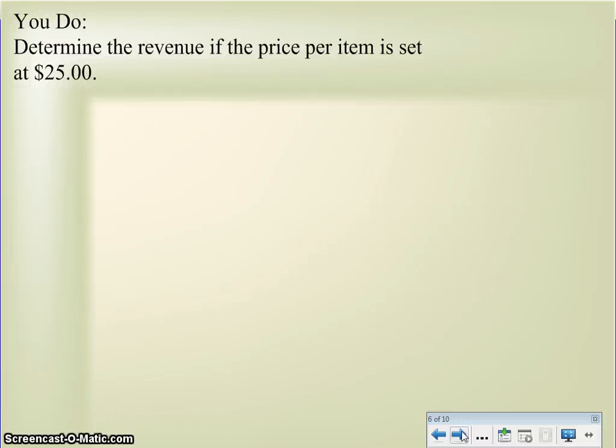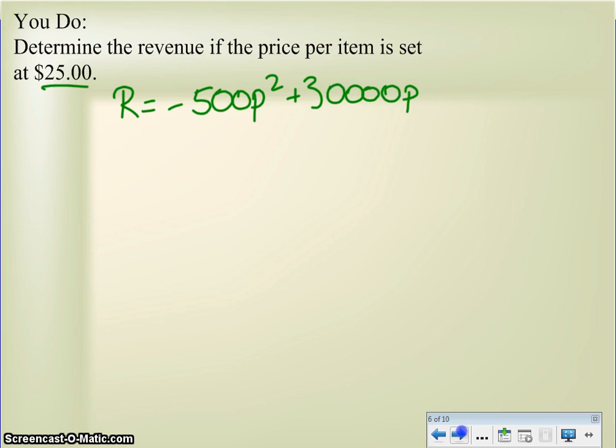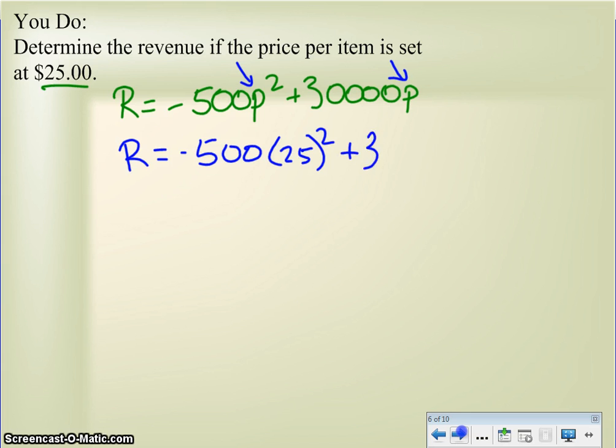Okay, so it says determine the revenue if the price is set at $25. We know that our revenue equation is the negative 500 P squared plus 30,000 P. So all we're going to do is plug $25 in everywhere that we have P. So revenue equals negative 500 times 25 squared plus 30,000 times 25.